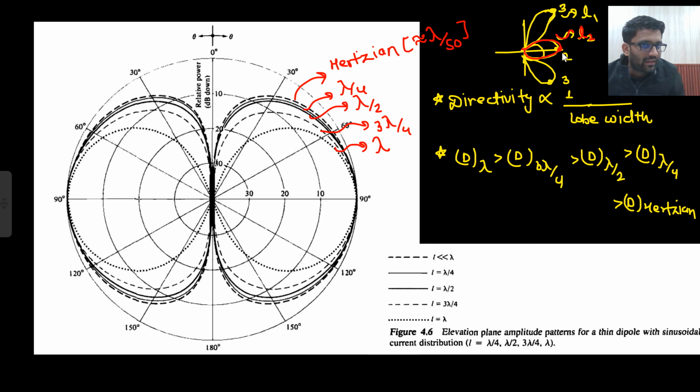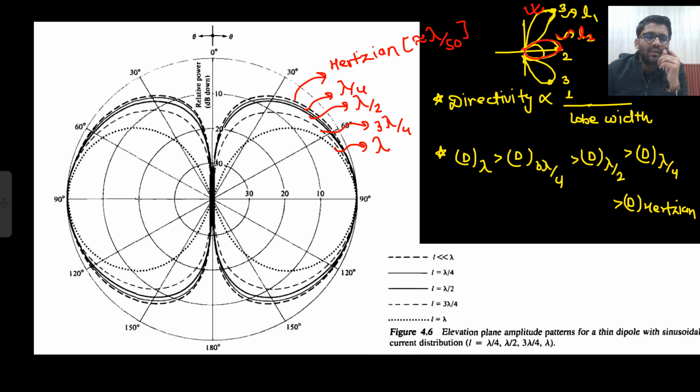This one can propagate till 2 only, but this one can propagate till 3. So who will have more directivity? The L1 length will have more directivity because the lobe widths are equal, but the radiation is going far. That's why this will have more directivity.